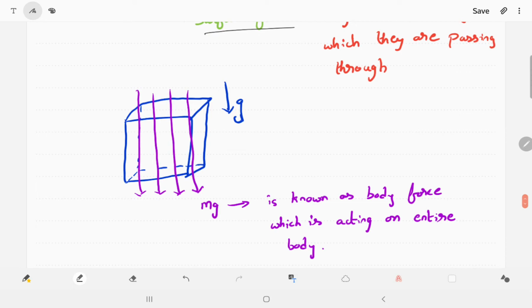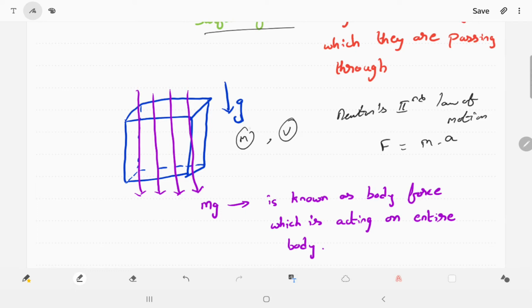That means if you have an element which has mass m and volume v, then according to Newton's second law of motion, force acting on the object equals mass times acceleration.